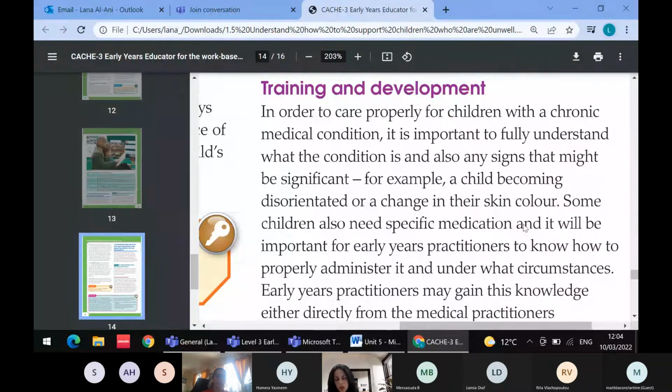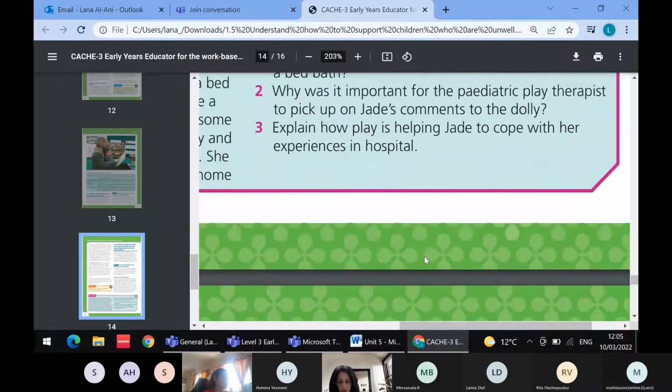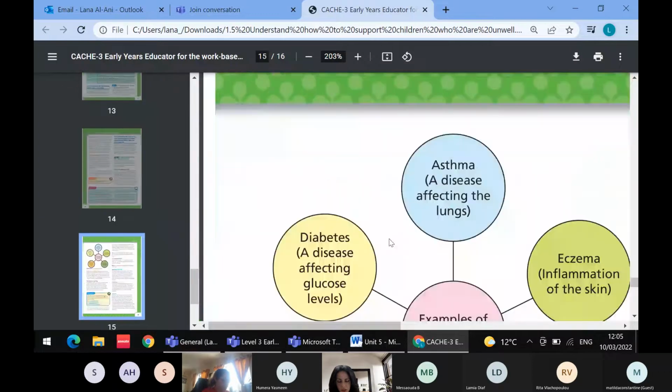So you need to properly administer the medication according to their circumstances. You need a lot of knowledge and medical preparation. Okay? So this is your job.